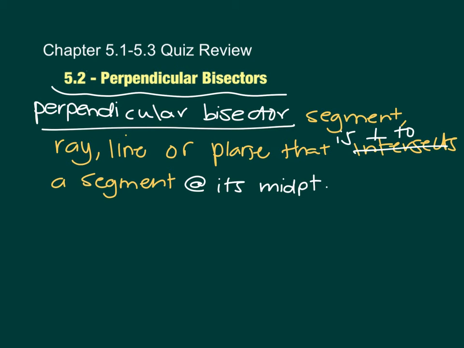So you've got to have the right angle, and you've got to have the midpoint. That line would be the perpendicular bisector of the green segment.